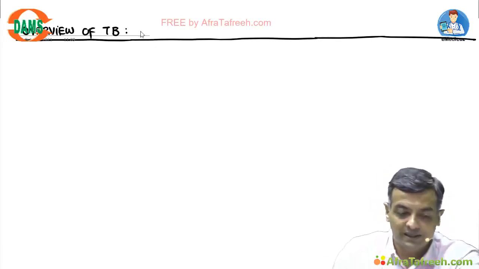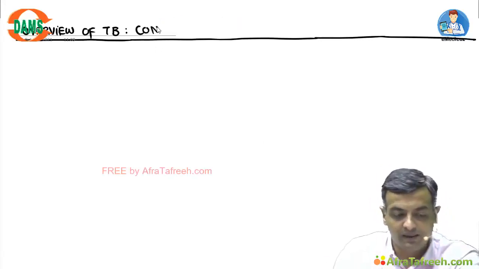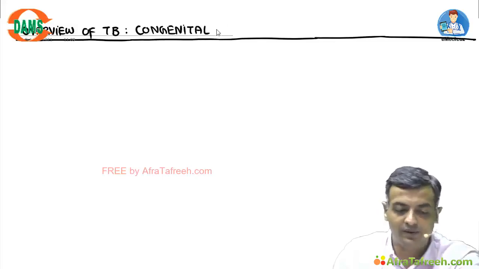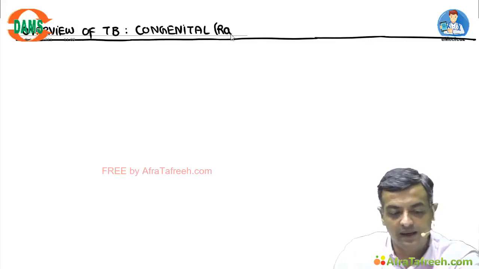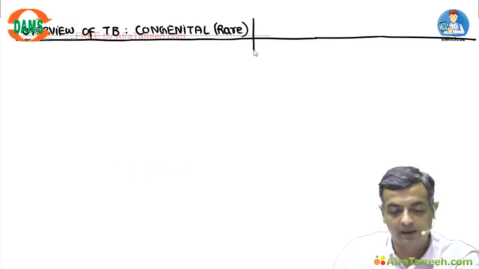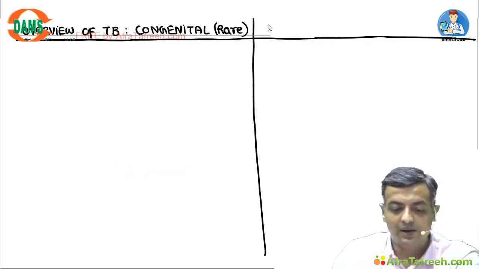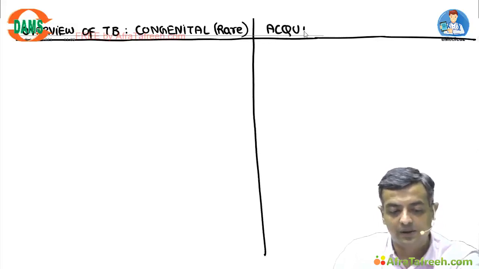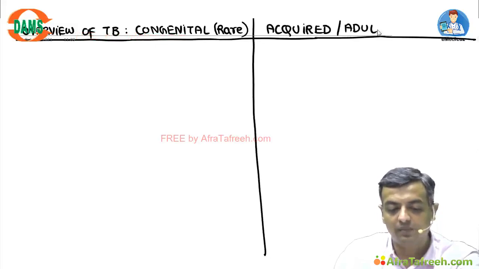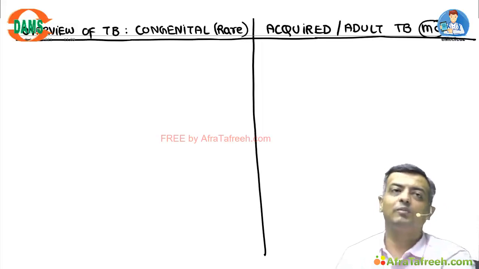The presentation can be broadly divided into two, that is congenital tuberculosis, which is relatively rare, and then there is acquired tuberculosis or adult tuberculosis, which is more common.